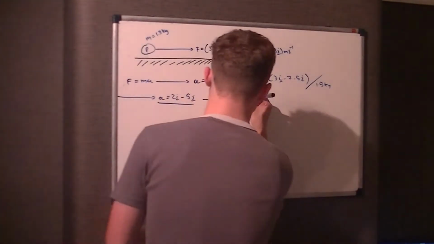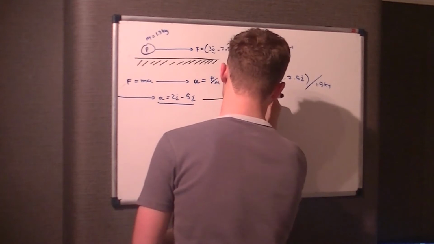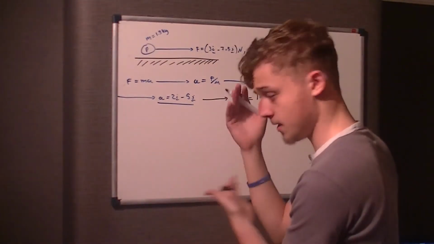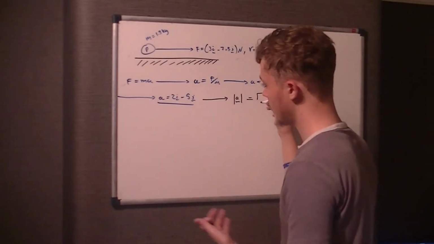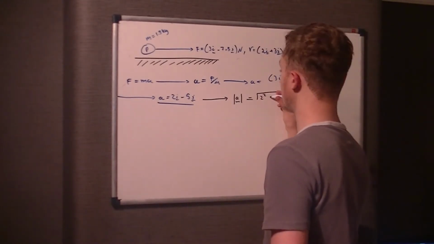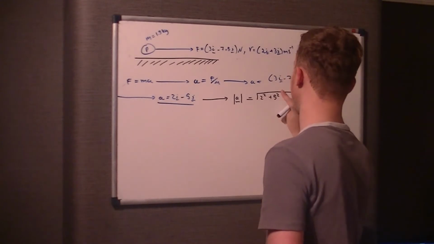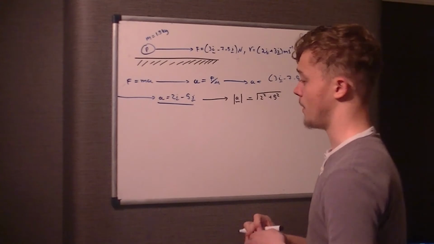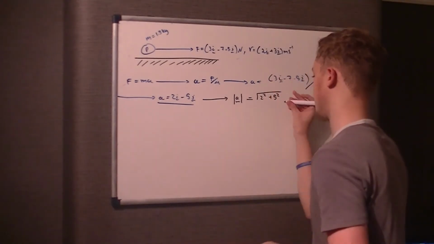So we're going to work out the magnitude of the acceleration of this object. Because we're given it in vector form, that is the acceleration, but it's not the one we want. So 2 squared plus 5 squared. Forget the negative, because otherwise you end up with a negative square root, unless you're doing FP1, and that's not going to make sense to you in Pure 1.